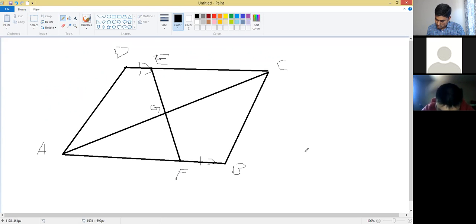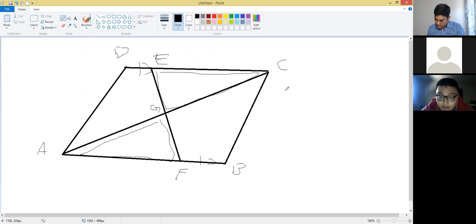So for triangle CEG, this triangle and this triangle, to prove their congruence, by which one? By AAA, AAS, SSA, or HL.